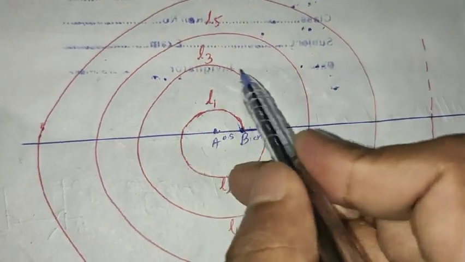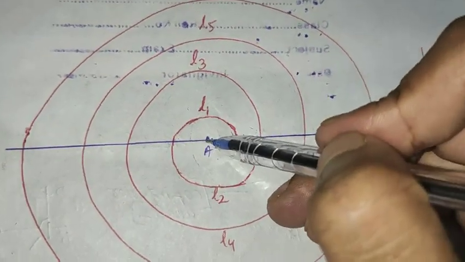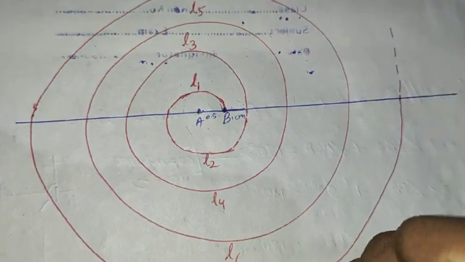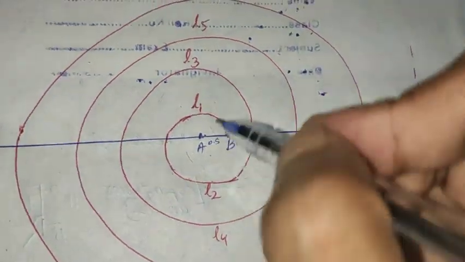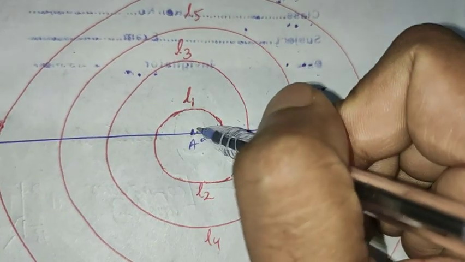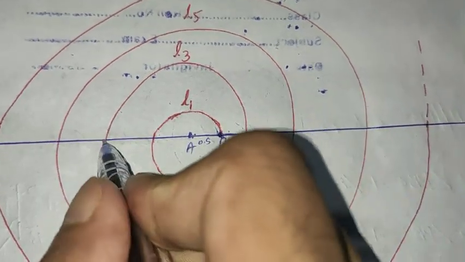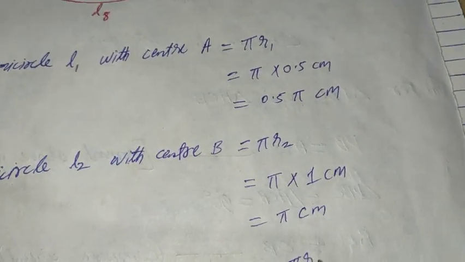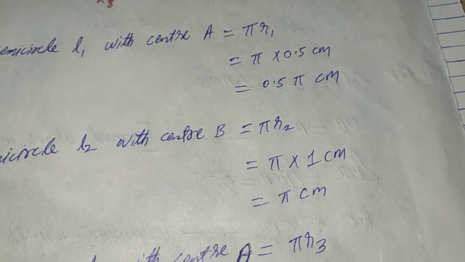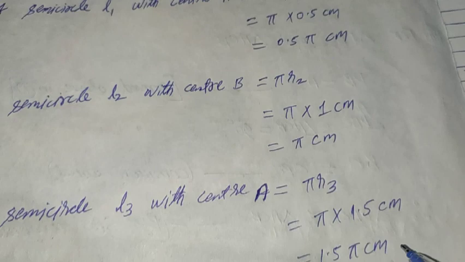Now the center is A. For the upper semicircles all the centers are A, and for all the lower semicircles all the centers are B. Now the center of L3 is A and the radius of L3 is 1 plus 0.5, that is 1.5 centimeter. So pi r3 is equal to pi into 1.5 centimeter, which is 1.5 pi centimeter.